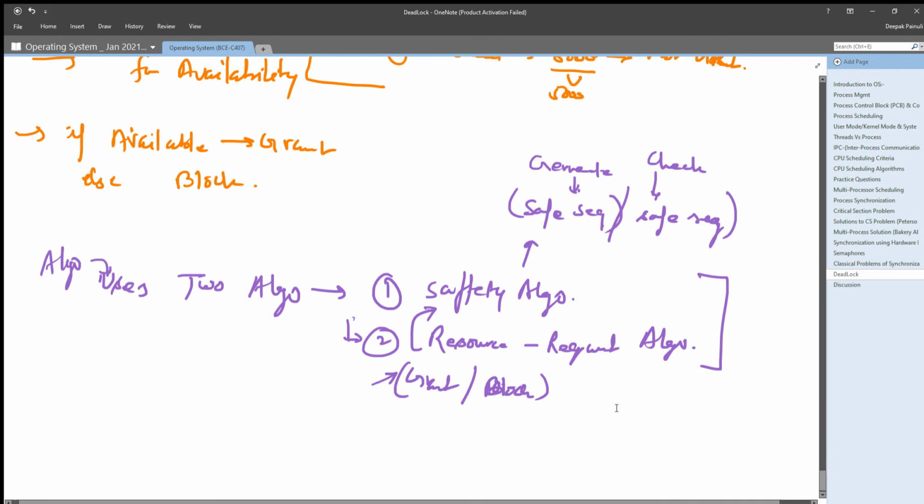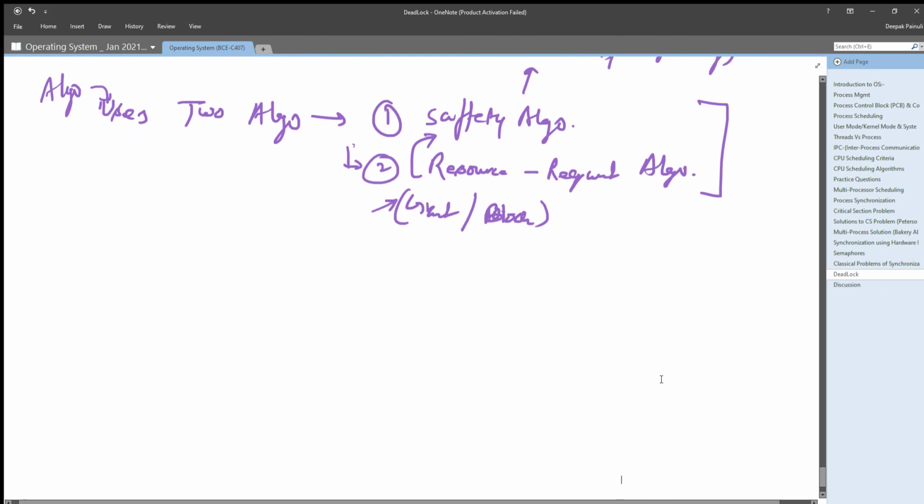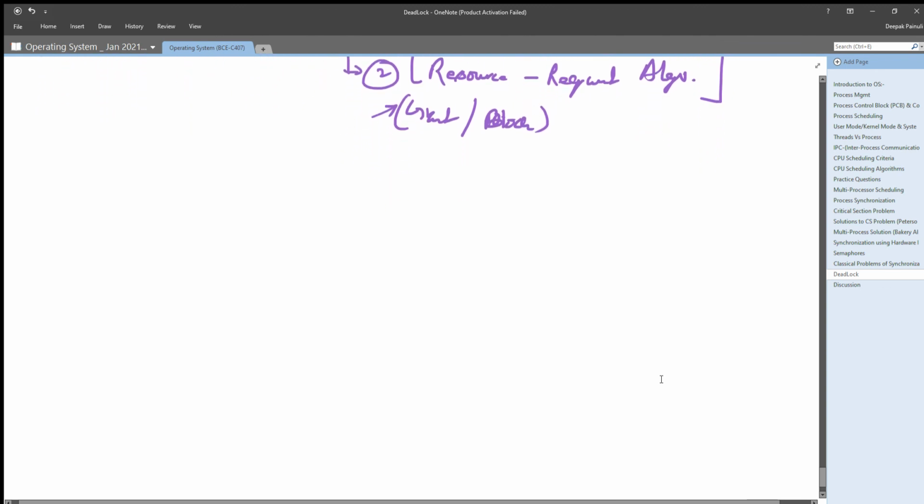Before going to the detail of these two algorithms, first we need to understand the common data structures these algorithms will use, right?